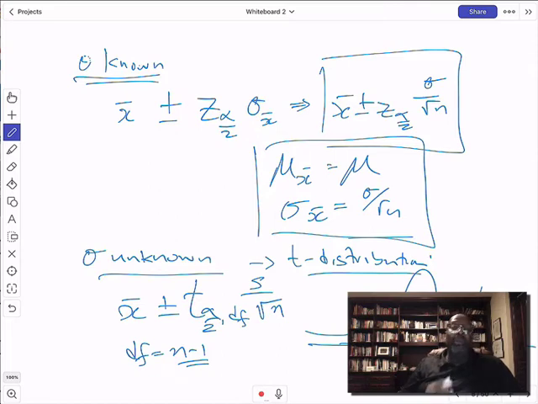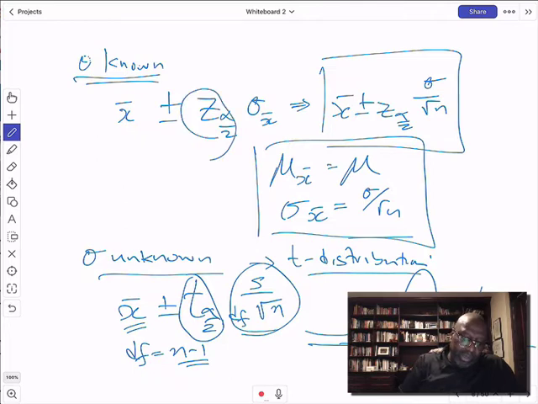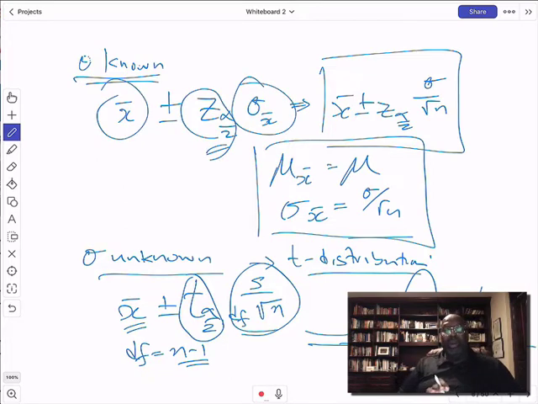So notice that the two formulas look very similar. This is your point estimate. This is your critical value, which is the t, and then this is the standard error. Point estimate, critical value, standard error. So they're quite similar. One when sigma is known, and the other when sigma is unknown.